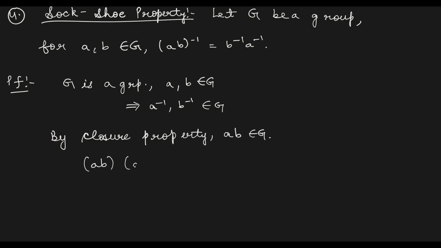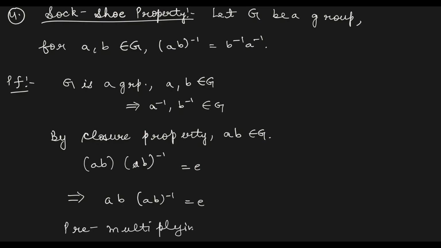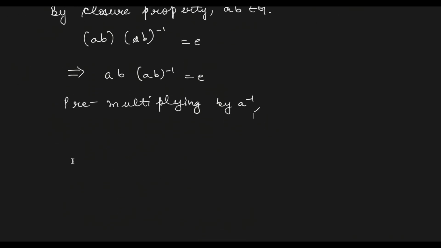ab into ab inverse, this is equal to e. Now pre-multiplying by a inverse, I will get a inverse ab ab inverse.